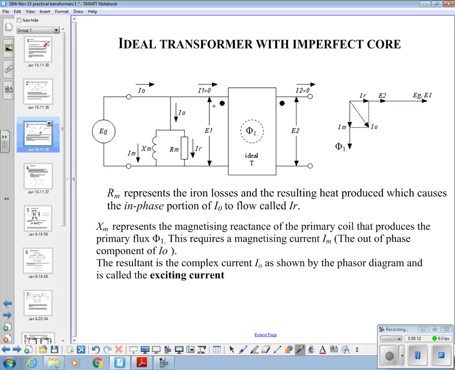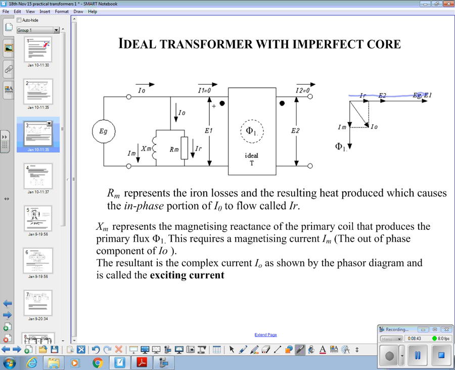So there's that. RM represents the iron losses and the resultant heat produced, which causes the in-phase portion of I.O. to flow, called IR. That's that current there. Okay, the in-phase current. Now, if we assume that the applied voltage is the in-phase component, IR is in phase with that.